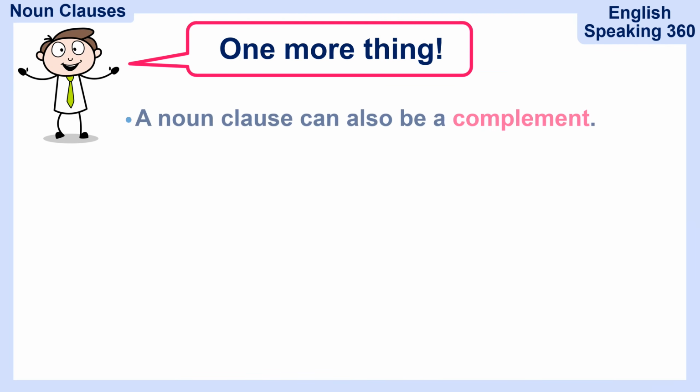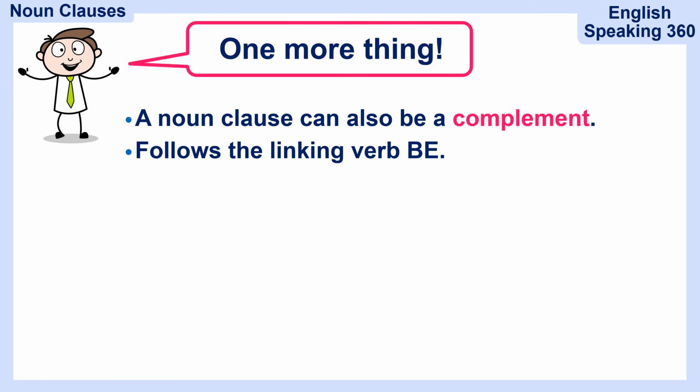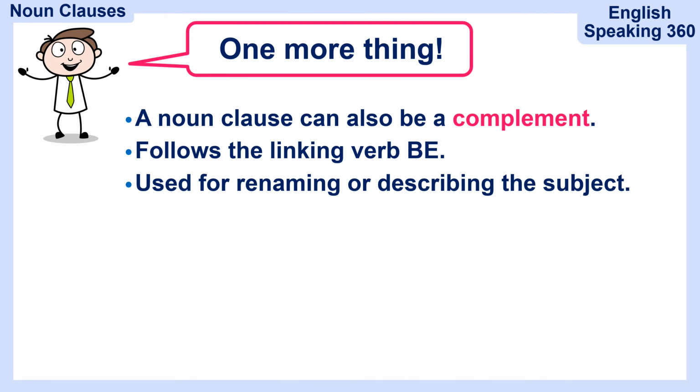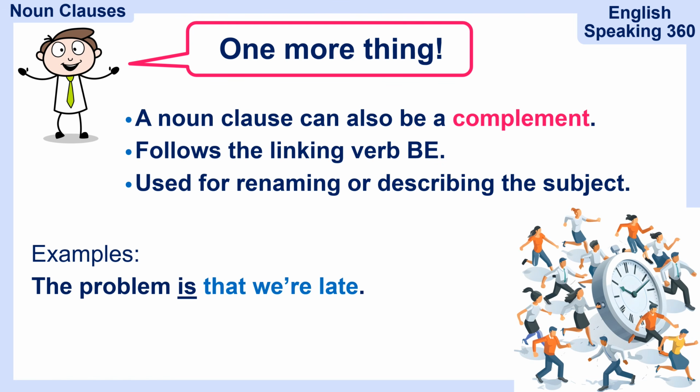One more thing. A noun clause can also be a complement, like I said before. It follows the linking verb be. There could be other verbs, but most of the time, 95% of the time, it is the linking verb be. It is used for renaming or describing the subject, okay? For example, the problem is that we are late. The problem equals we are late.